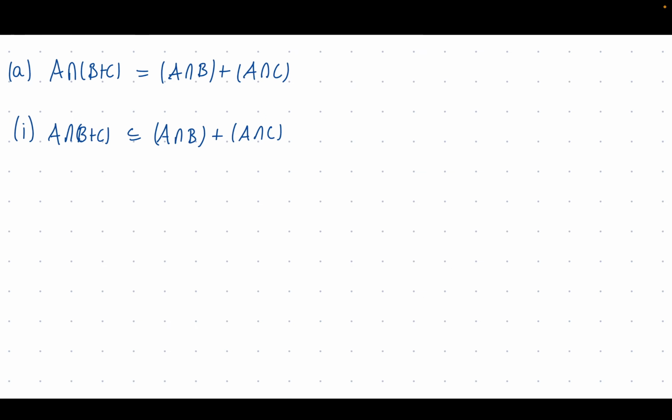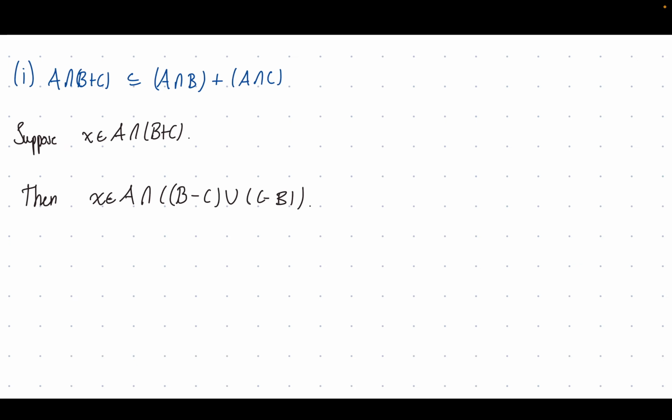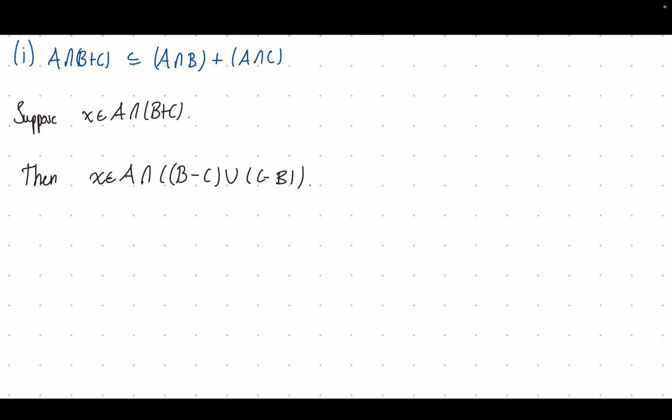Okay, so suppose x is in A intersect B plus C, then x is in A intersect B minus C union C minus B. Right. And recall, one second. Let me just take a look at my notes.